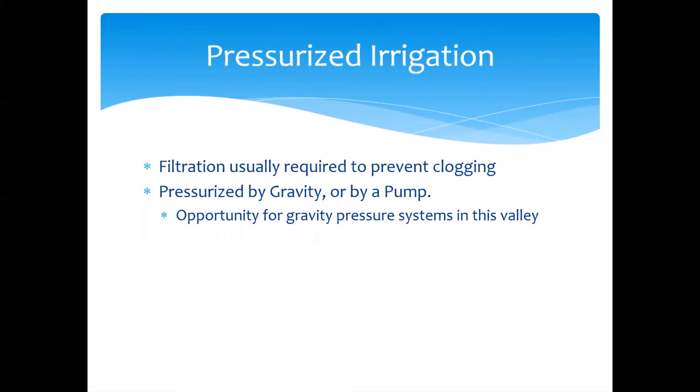slide. There's different filtration required on the pressurized system to prevent clogging, more so than the flood irrigation. You can pressurize your irrigation with gravity. So if your ditch is up on a hill and you've got about 100 feet of drop, you've got enough pressure to run most sprinkler systems.